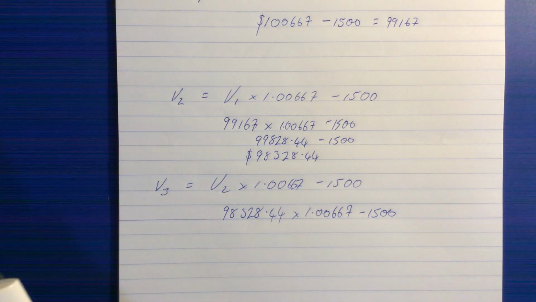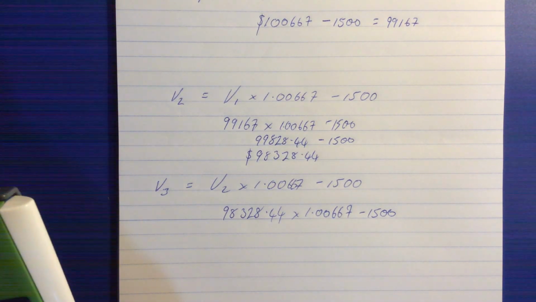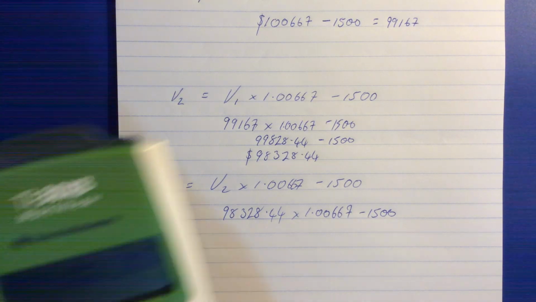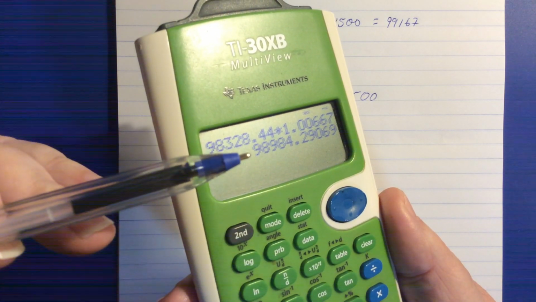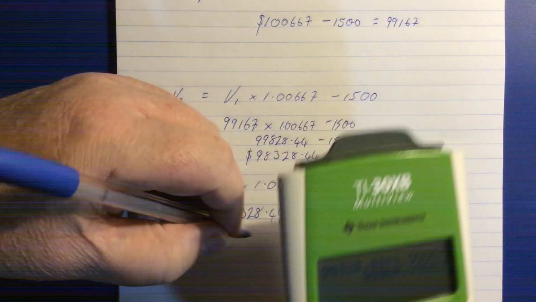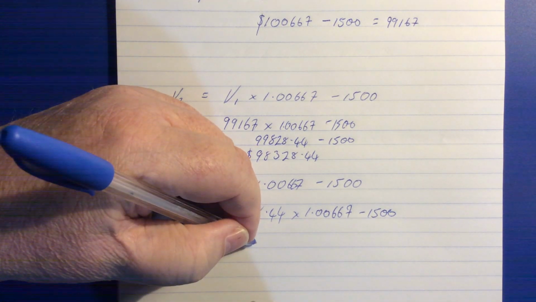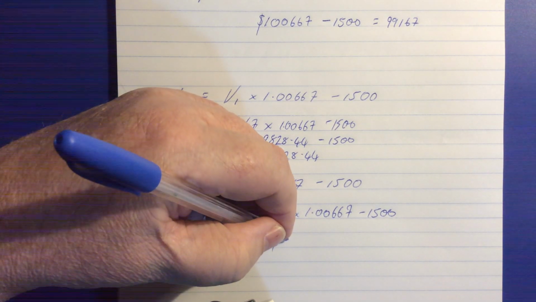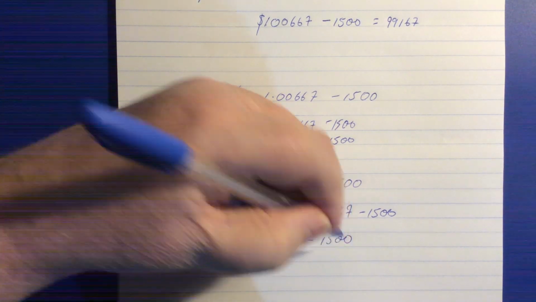So in order to get V3, I start with V2, and I multiply it by 1.00667, and that gives me V2 plus the interest for the month, and that is $98,984.29, and from that I subtract $1,500.